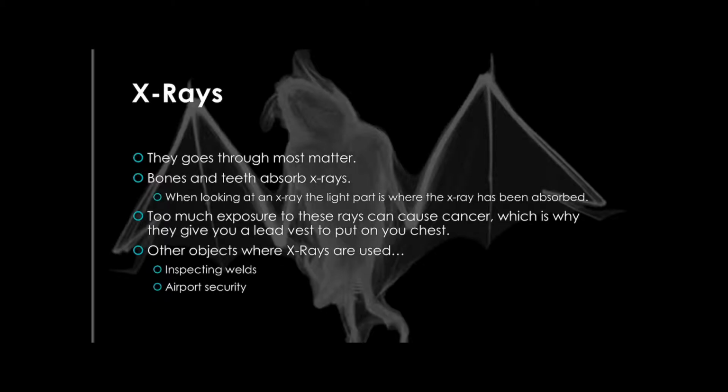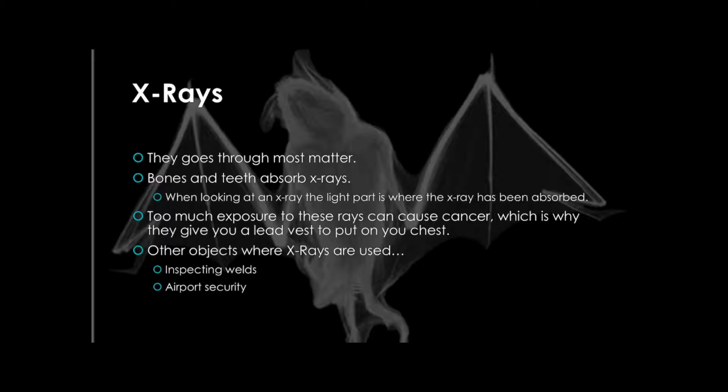So anything you see on the X-ray, those are your bones. But too much exposure to X-rays can cause cancer. So whenever you're getting an X-ray, if you remember those heavy lead vests they give you, that's to protect you from any stray rays. It's to limit the amount of X-ray that is going into your body.